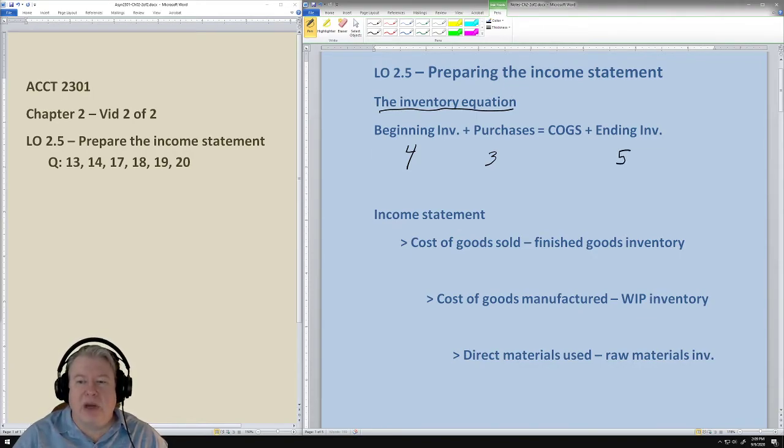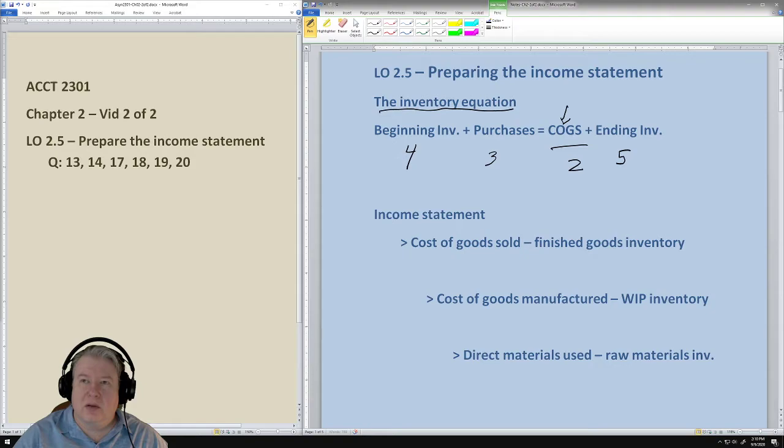How many did you sell? This is the unknown. If you began with 4, purchased 3, and are left with 5, you must have sold 2. Most of the time we're trying to figure out this one: the cost of goods sold.